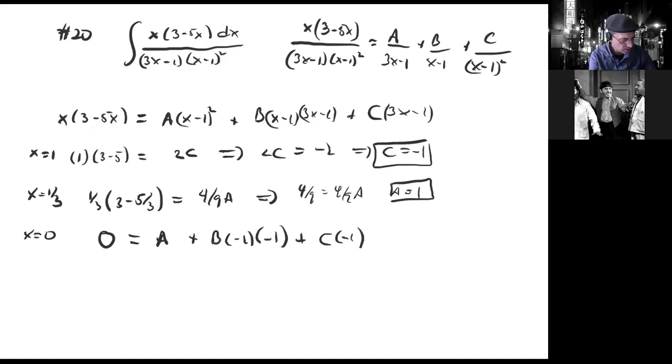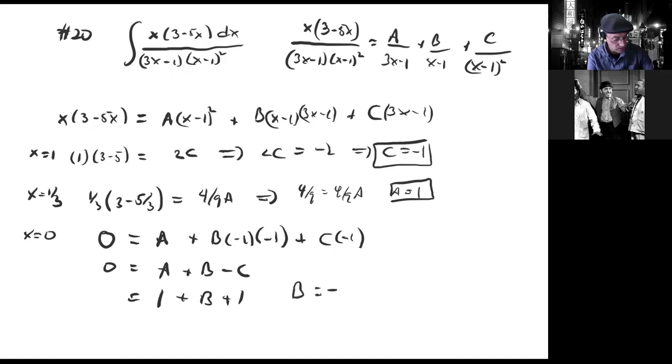And this equation is saying 0 equals a plus b minus c. But we know what a and c are. A is 1 and c is -1. So we're going to get a +1 there. So that tells me that 1 plus b plus 1 is 0, so that b is -2.